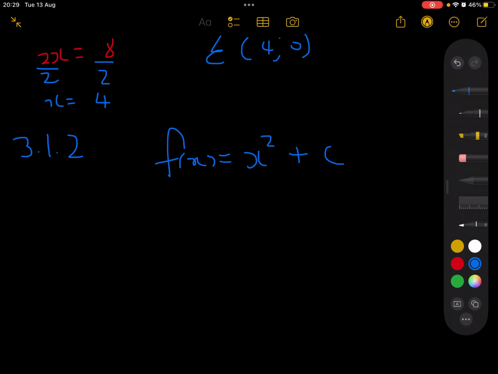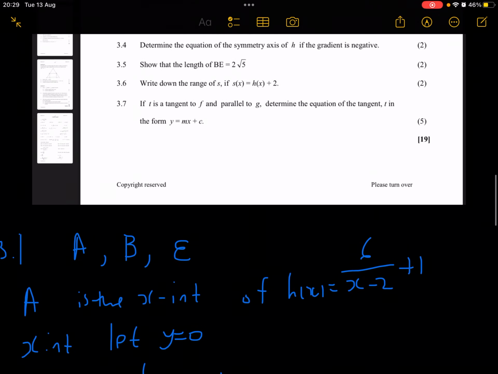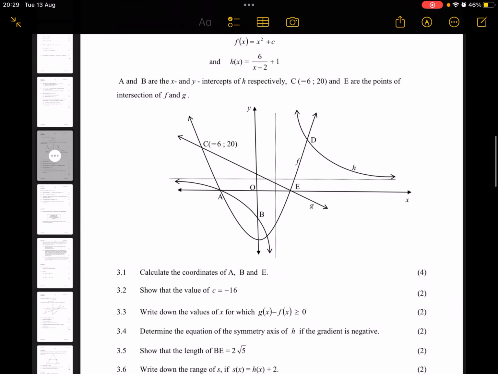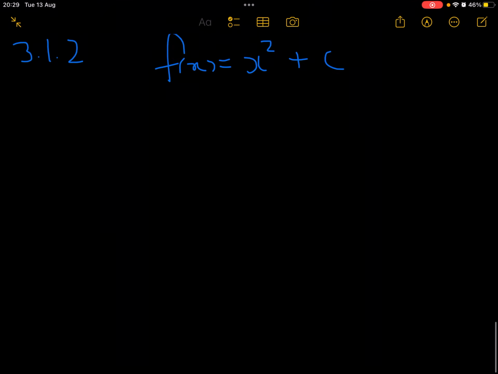But we've already got a point, which is the point E, which we can use to test, and the point A. So we can either use point A or point E. I just choose point E to use in the function.